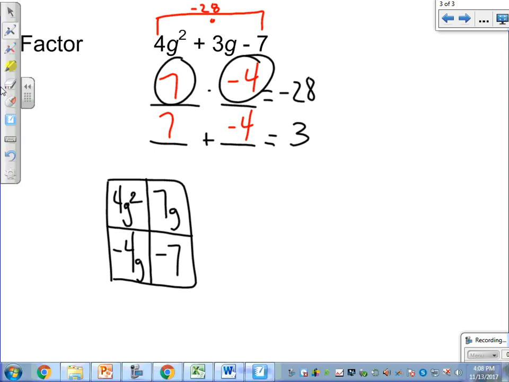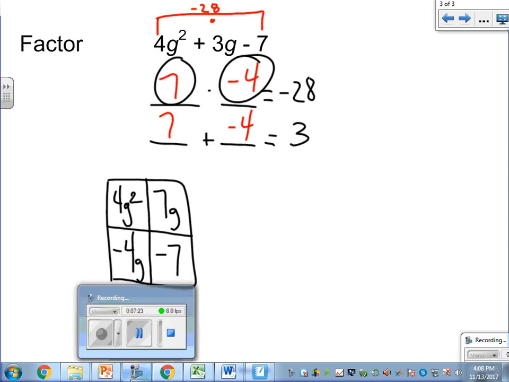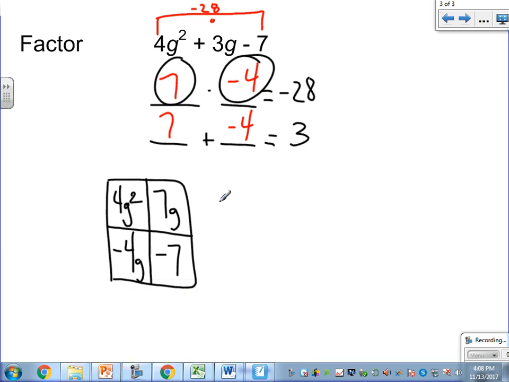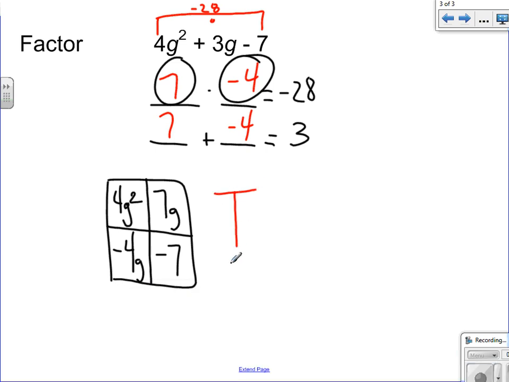All right, let's factor out GCFs now. GCF along the top row. So I'm going to do this very quickly, and if I'm going too fast, you can always backtrack in the video and watch it again. But I don't want the video to be too long, so I'm going to have to talk fast.